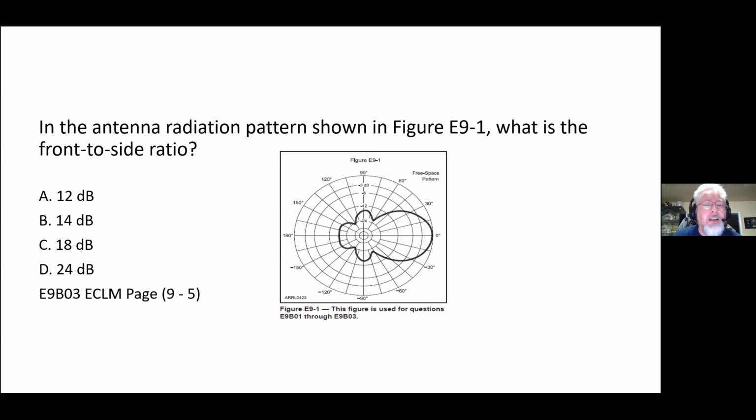In the antenna radiation pattern shown in figure E9-1, what is the front to side ratio? A, 12 dB, B, 14 dB, C, 18 dB, or D, 24 dB? Bravo is correct, 14 dB.